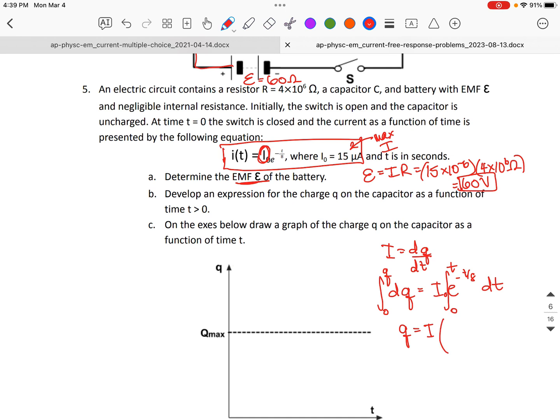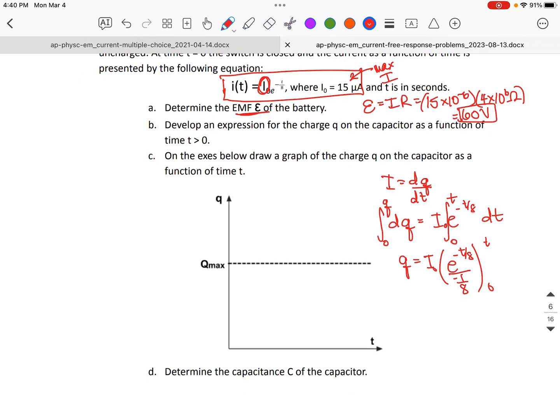I'm taking the integral of e with respect to t, so that's just e to the negative t over 8. You have a general equation for this in your equation sheet, but then we have to divide it by the derivative of the function in the exponent. So the derivative of negative t over 8 is negative 1/8. And then we're going from t to 0.